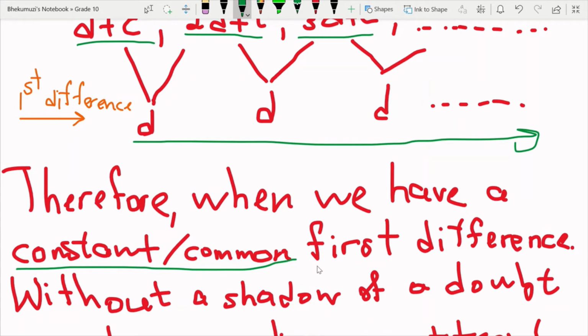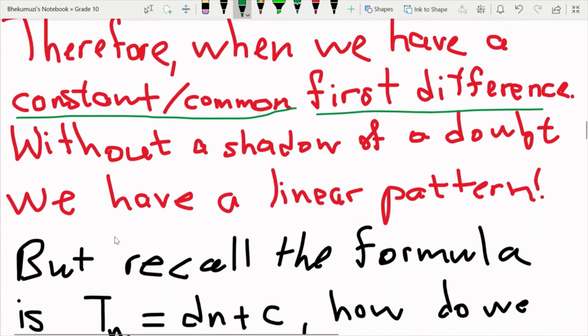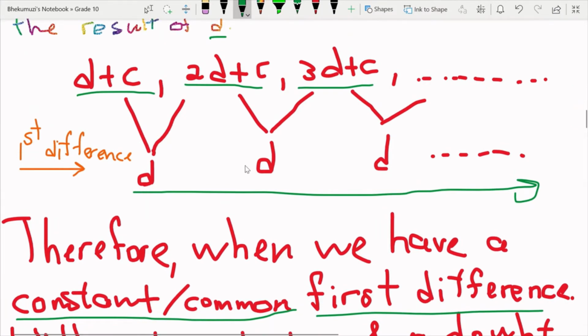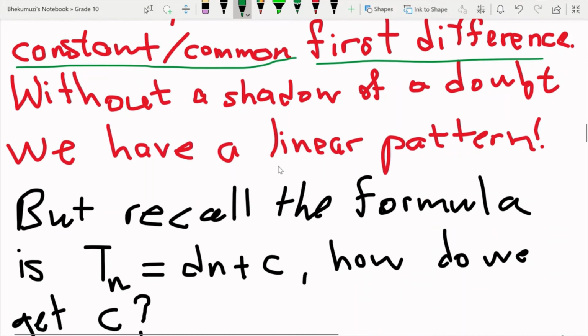When you have a constant first difference, without a shadow of a doubt, we have a linear pattern, because this equals that, and that equals that, and so on. That means we definitely know that it is a linear pattern, and that's when you know that you can start using this formula here.